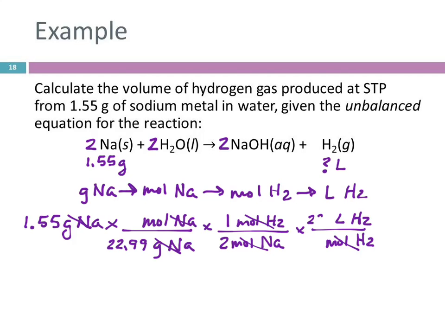So 22.4 liters per mole of hydrogen. 1.55 divided by 22.99 divided by 2 times 22.4. If you don't have your calculator out, you should. 0.755 liters of hydrogen.